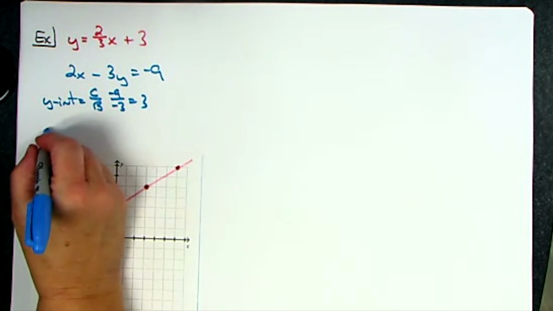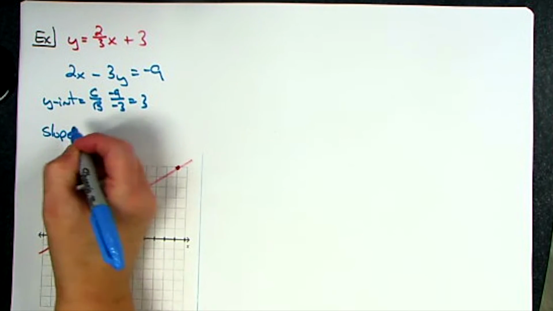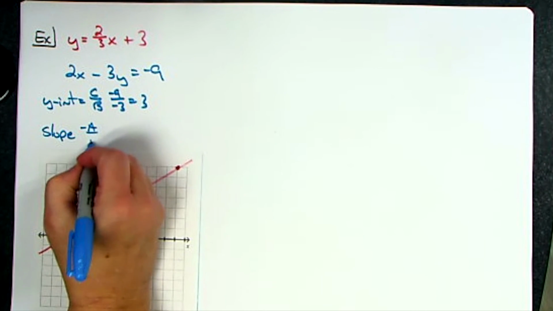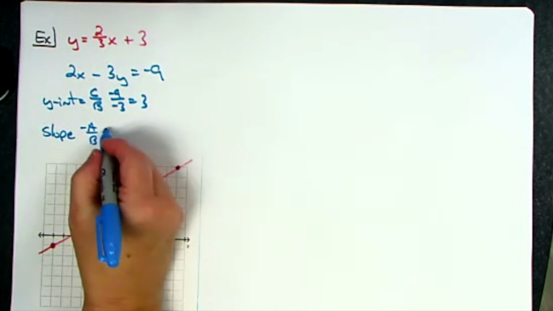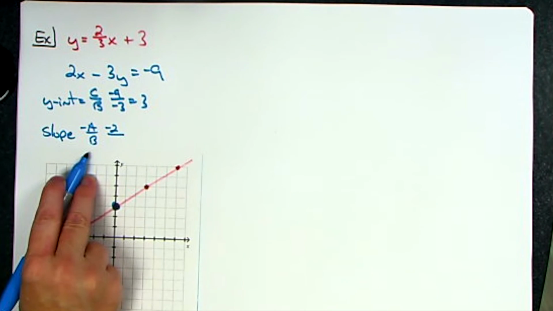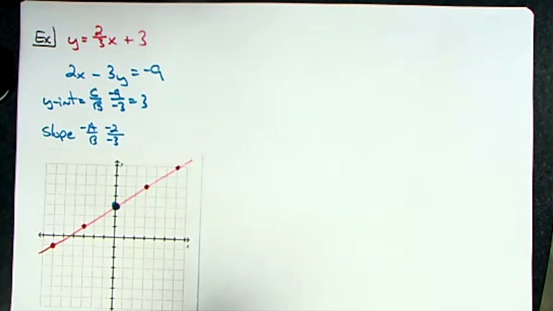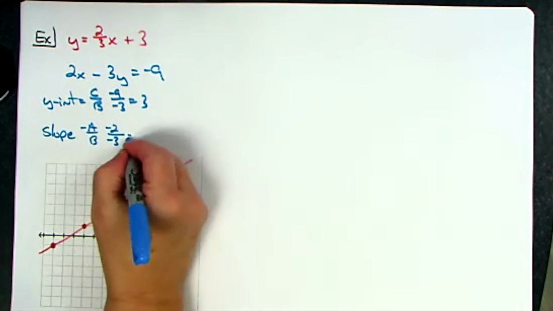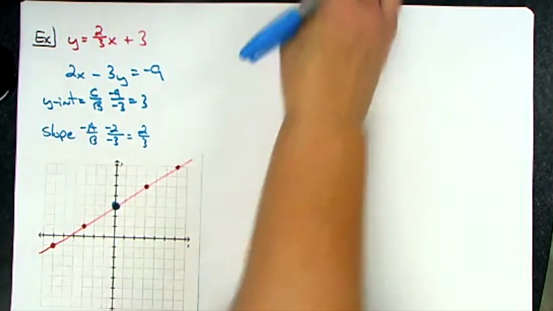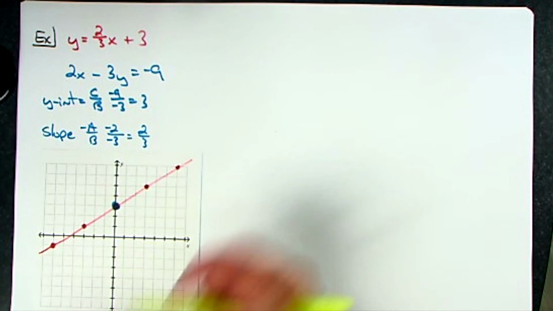Okay, so let's do the formula for the slope. -a over b. Well, my a is 2, so -2. My b is -3. Negative divided by negative, positive. So this one turned out to be the exact same slope.